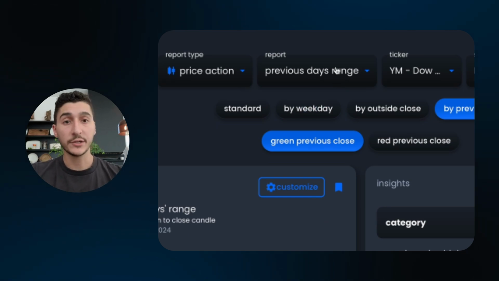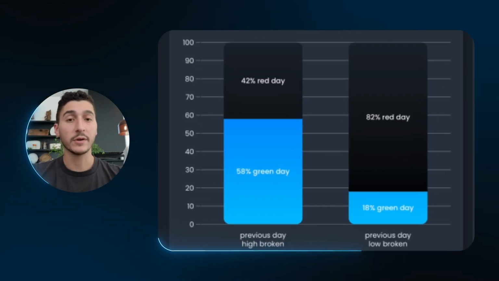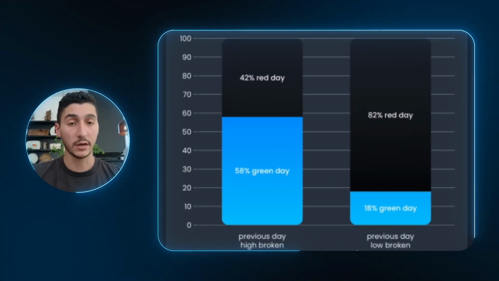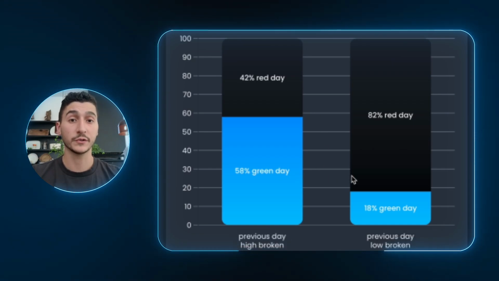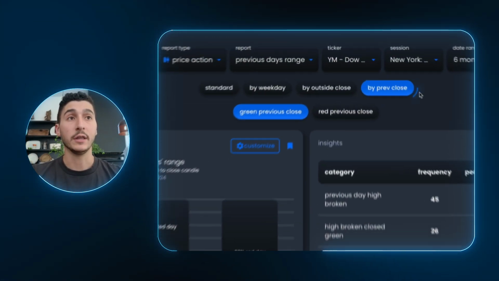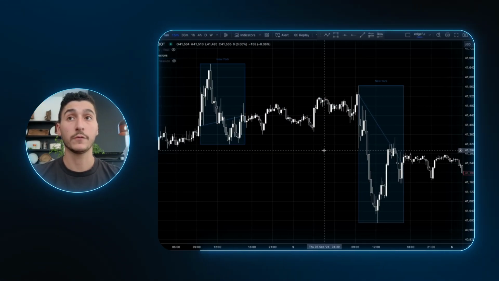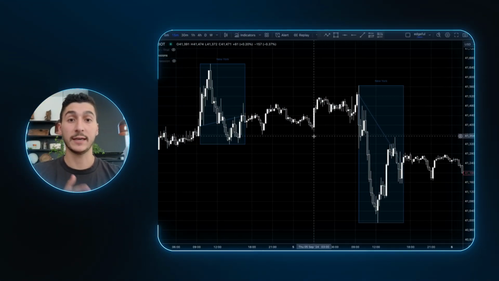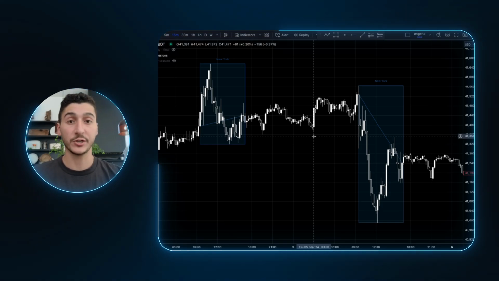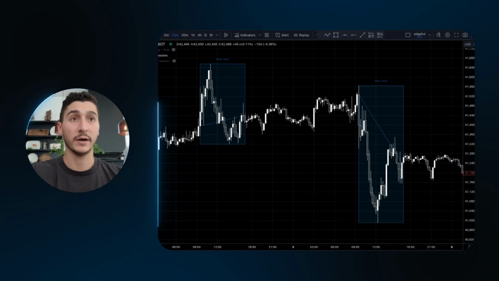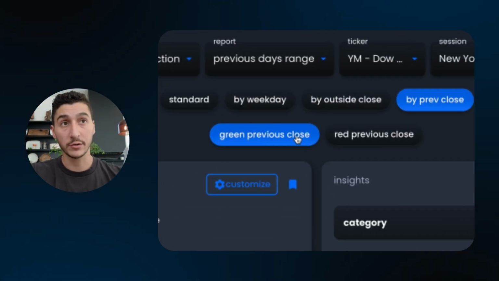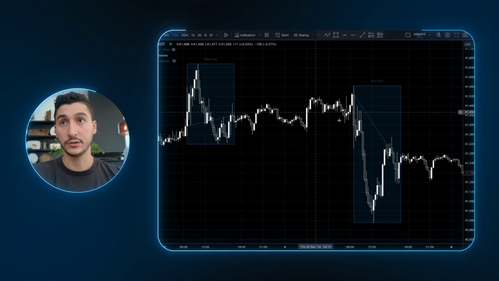So the previous day's range report tells you for every time the previous day's high is broken and the previous day's low is broken, how does price close today? And this by previous close filter will filter out for whatever yesterday's candle color was or yesterday's session was. So what do I mean by that? Green previous close right here and then red previous close here. So let's take these 2 days.